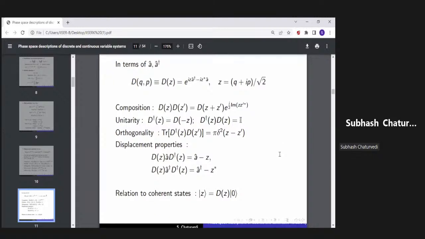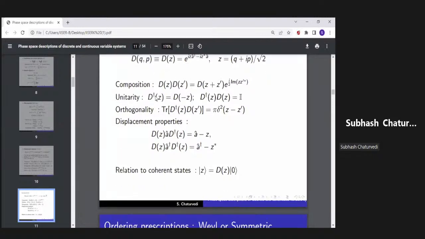Of course, remember that these are functions of both z and z star, but for compactness of notation, we do not include z star as an argument. And the coherent states that we introduced earlier are related to the number state corresponding to n equal to 0 by the action of this displacement operator.